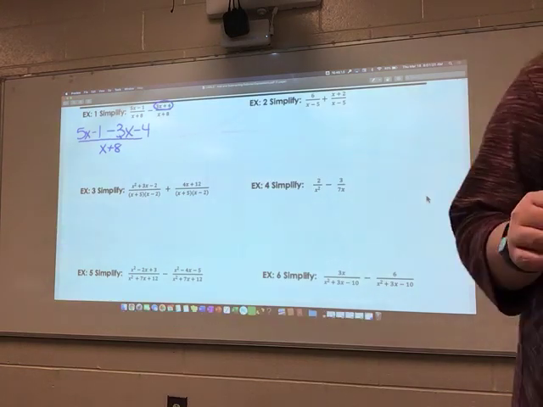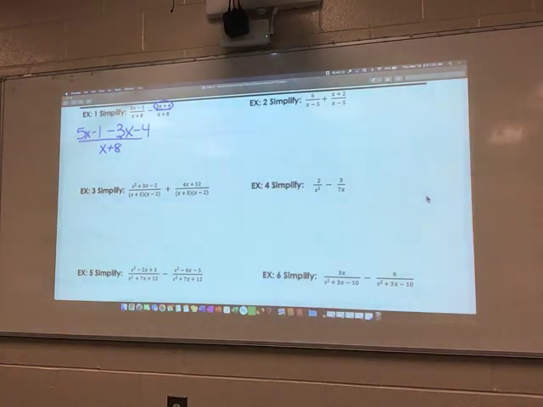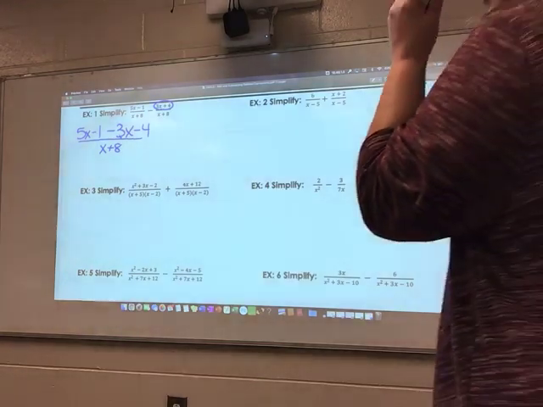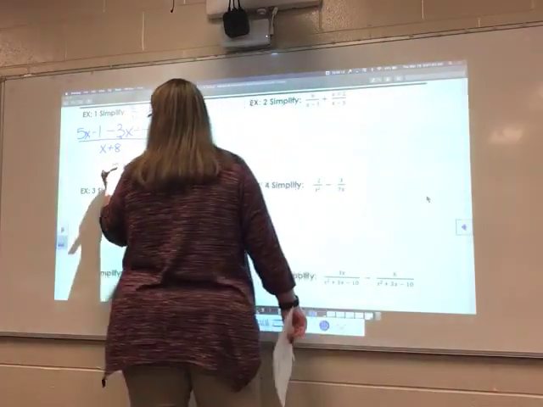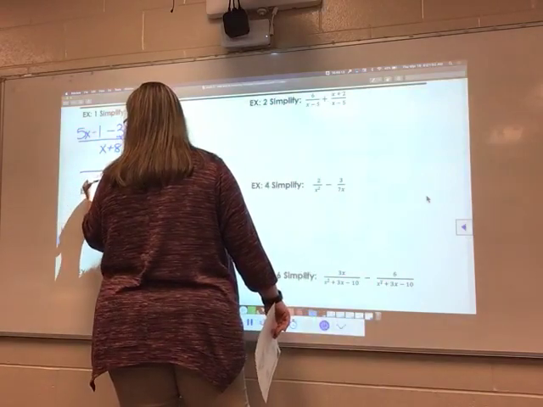All right, so now what? I can simplify them. So go ahead and simplify. So the 5x and the 3x give me positive 2x?